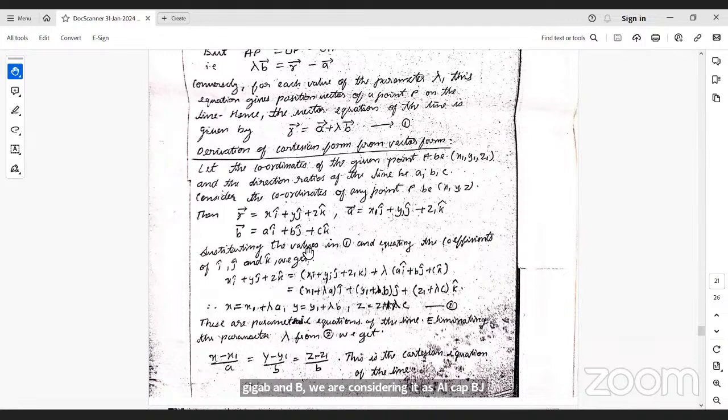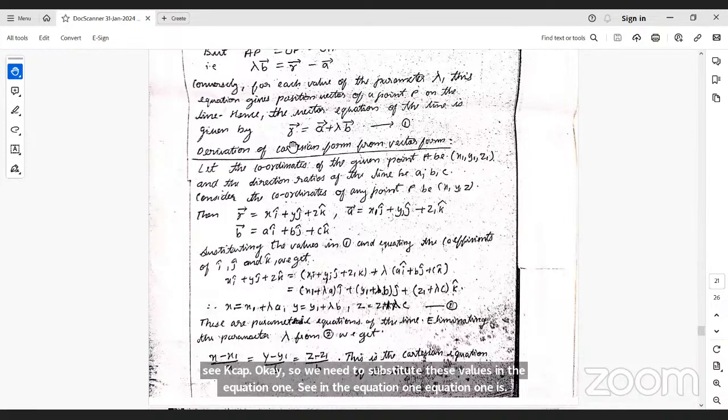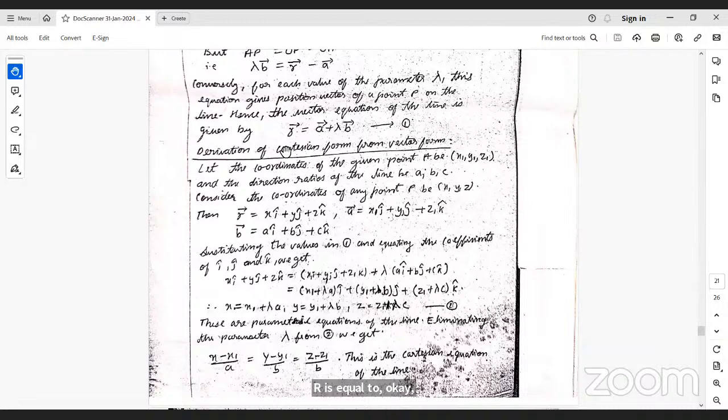We need to substitute these values in equation 1, which is R is equal to A plus lambda B.